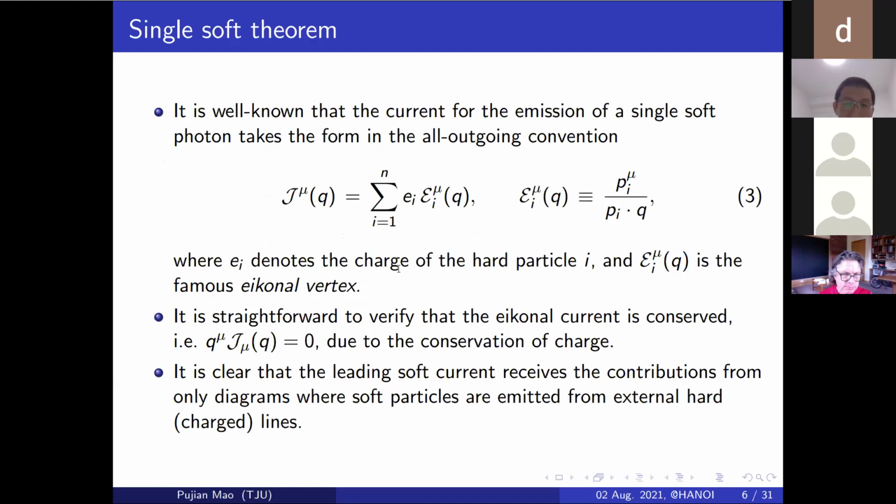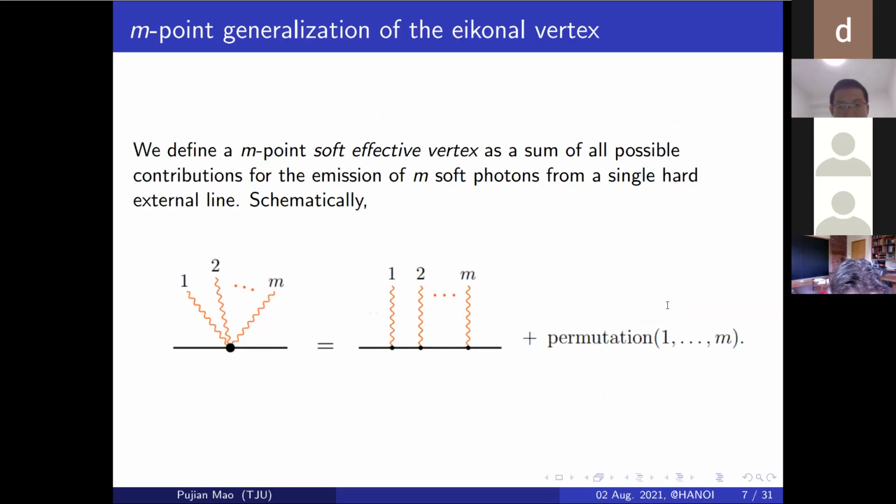You can also see immediately that q_mu J^mu equals 0 due to the conservation of charge. And it's clear that the leading soft currents only see contributions from the photons emitted from the external hard lines.